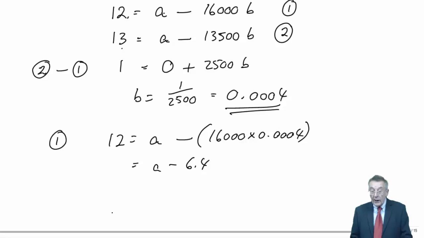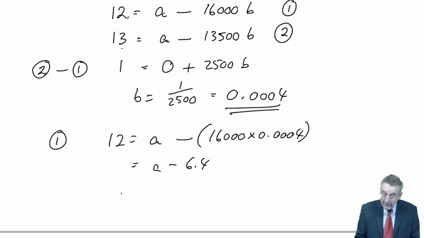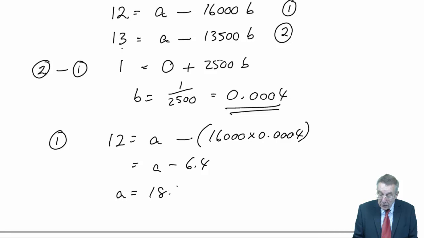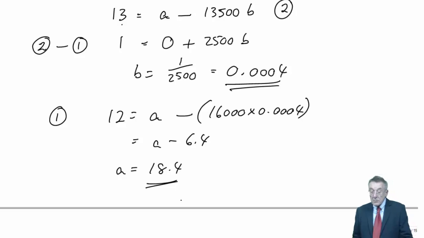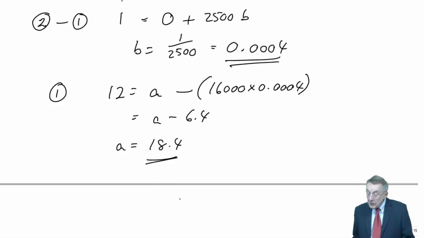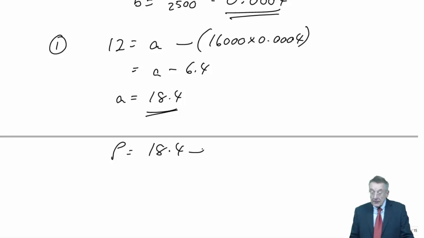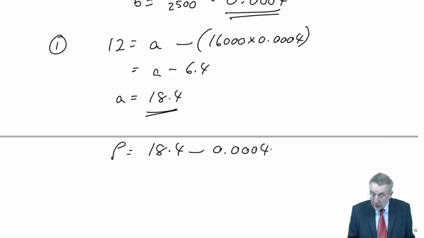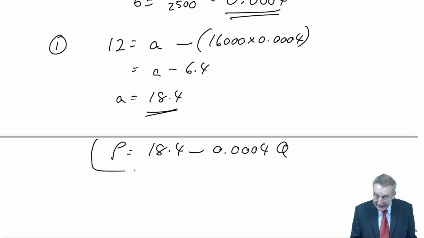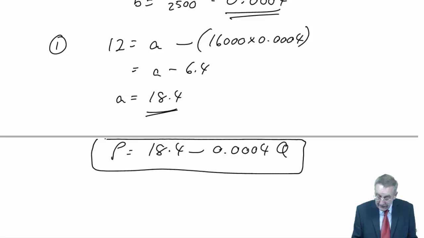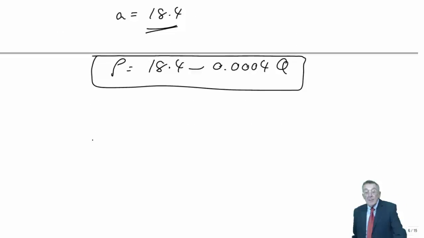Therefore, adding 6.4 to both sides, A is 12 plus 6.4, which is 18.4. And so my price demand equation is P = 18.4 - 0.0004Q. Now, I hope that makes sense.